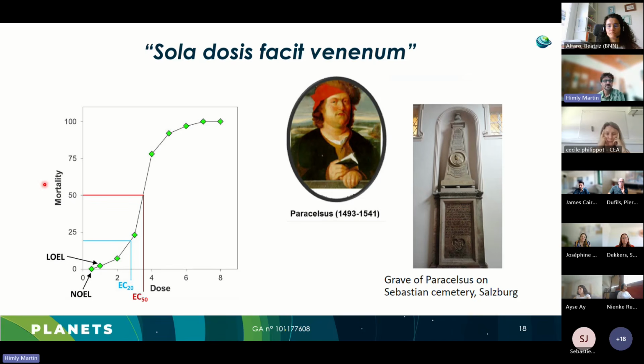You can have something else on the y-axis, for example, but this is a typical term. So the dose is relevant. And there are also these LOAELs and NOAELs or EC20 values that are, not predictive, but descriptive values for a substance.